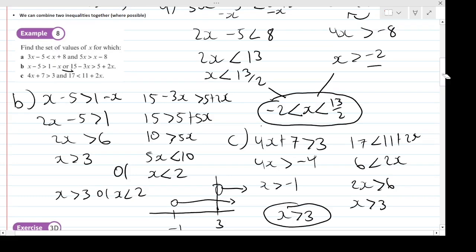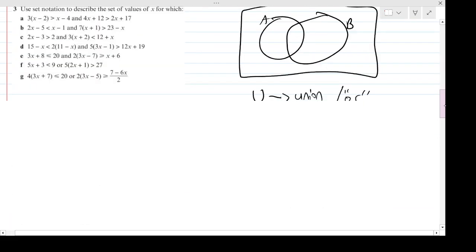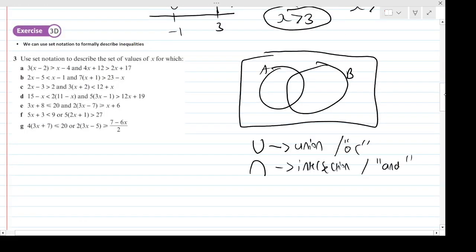So this is where these symbols come into play. If you were to say A or B, this symbol U means anything that's in A or in B. But it could also be in both A and B, because if it's in A and B, then it's in A or B. So it's the two circles.